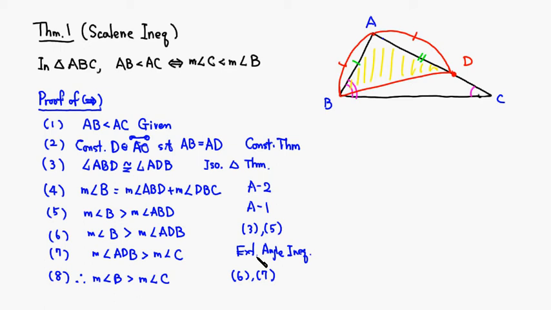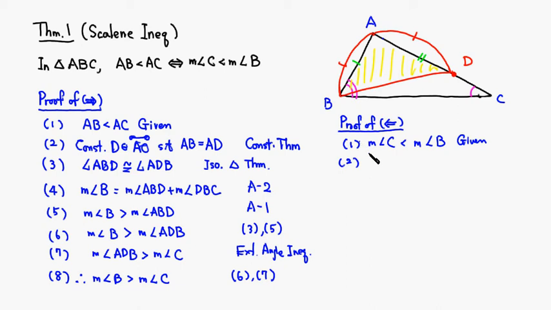Let's do the other implication. Proof of this implication: let's assume that the measure of angle C is less than the measure of angle B. This is given. And 2, I'm going to list all possible cases.